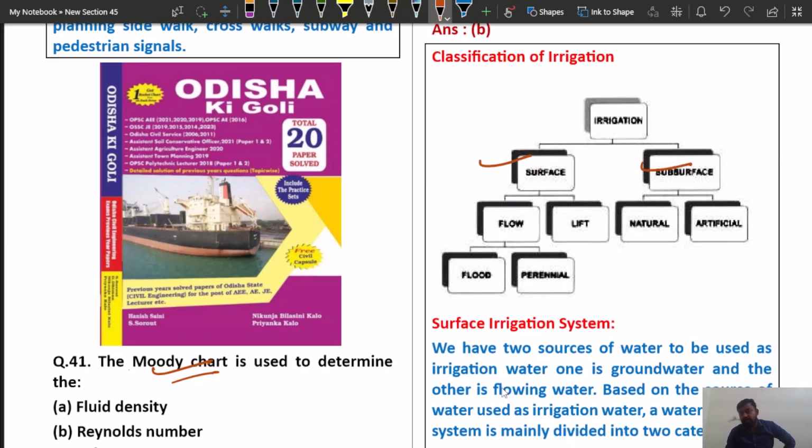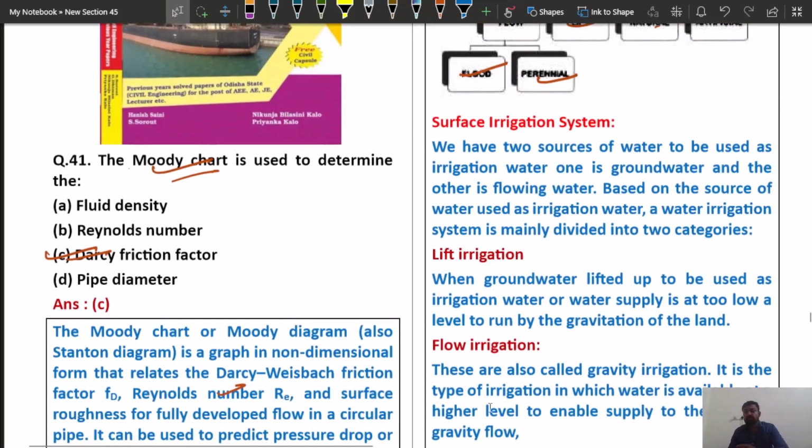Surface irrigation is further classified into flow irrigation and lift irrigation, and subsurface is classified into natural and artificial. Flow irrigation is further classified into flood irrigation and perennial irrigation. Surface irrigation is that irrigation which provides water on the surface of the field.